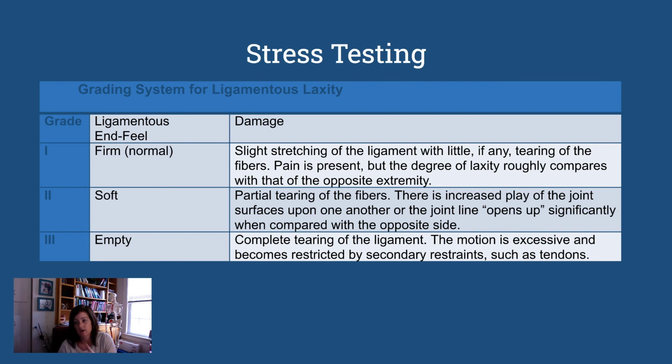So if you've ever done a Lachman's or an anterior drawer on a patient who is ACL deficient, a very newly ACL deficient knee before their hamstrings start kicking in, and you feel that play, you feel that glide of the tibia anterior on the femoral condyles, that is empty end feel and makes your stomach turn.